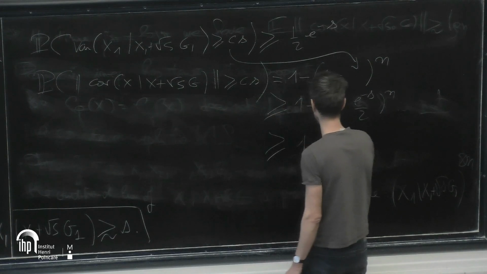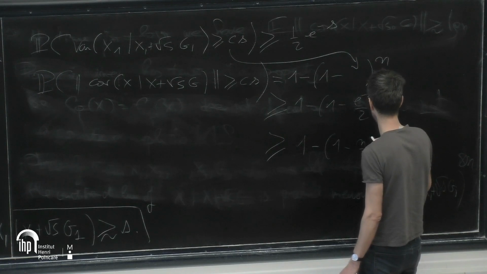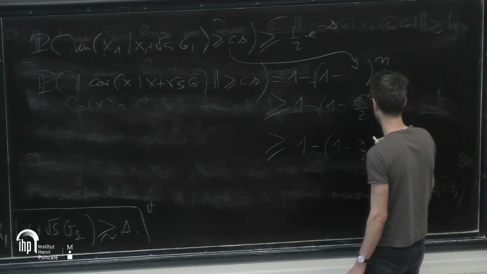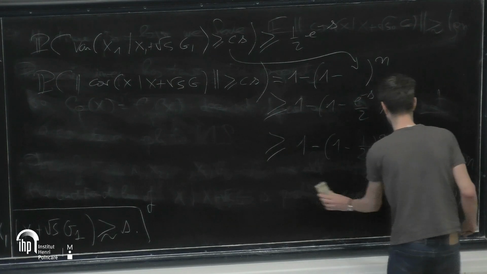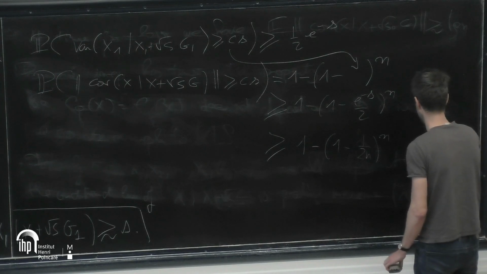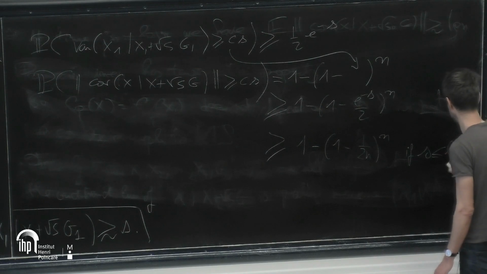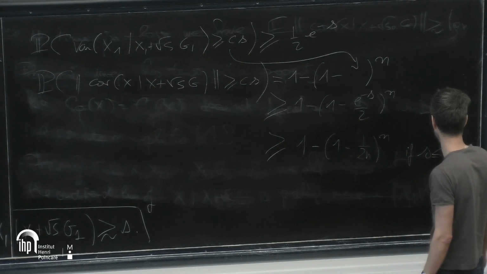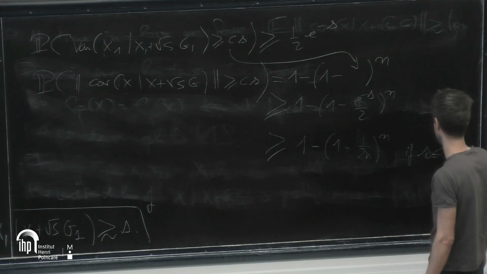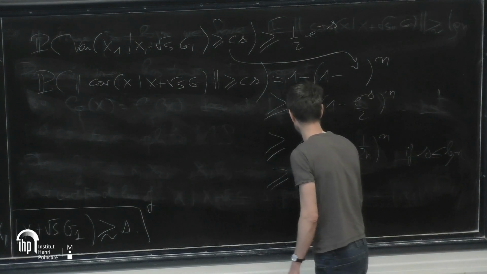And here I will just say that this is bigger than 1 minus (1 over 2n) to the n, if s is smaller than log n, which is less than, I don't know, some constants.